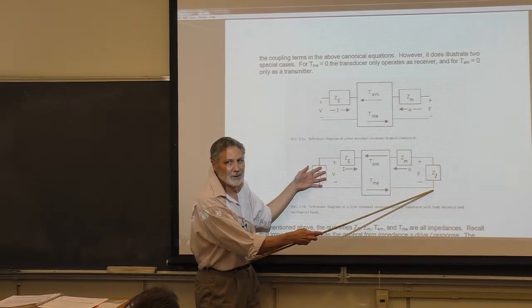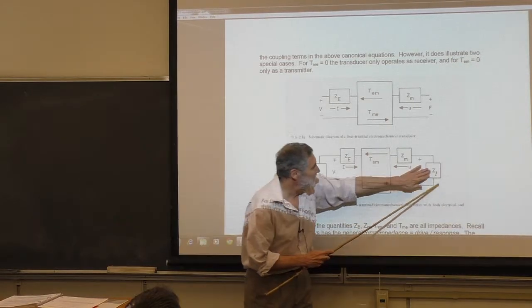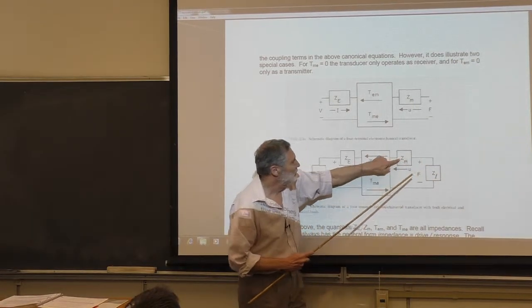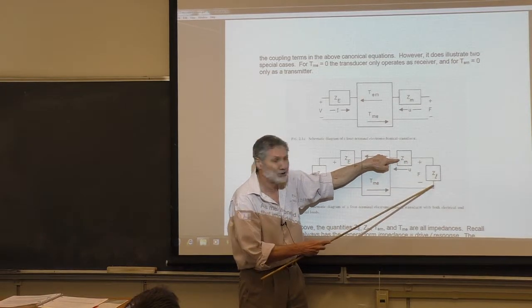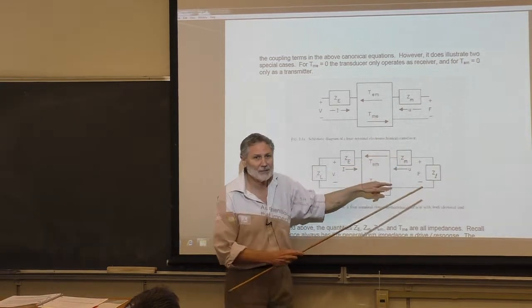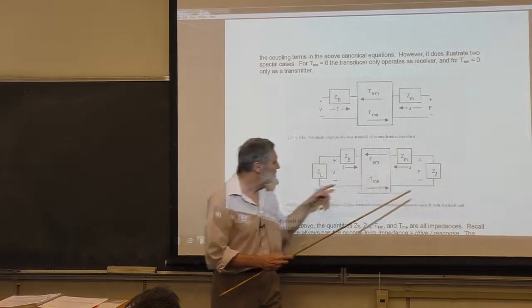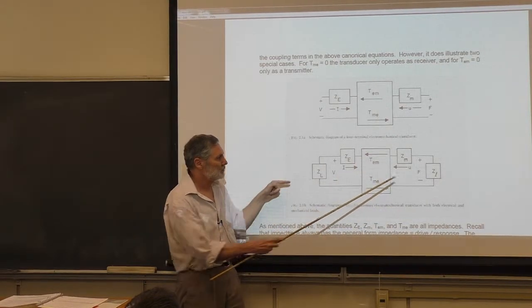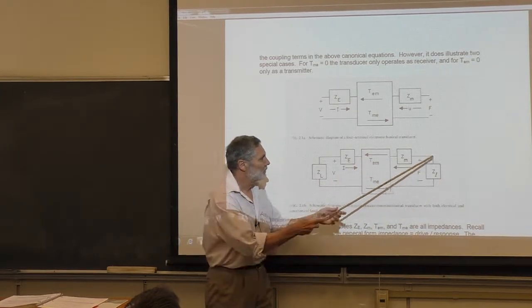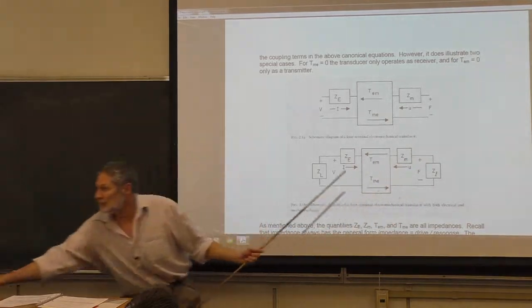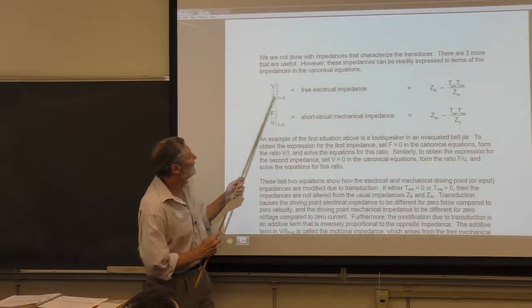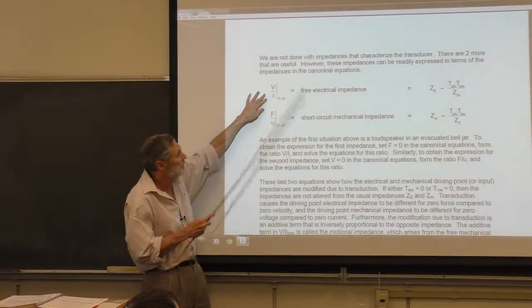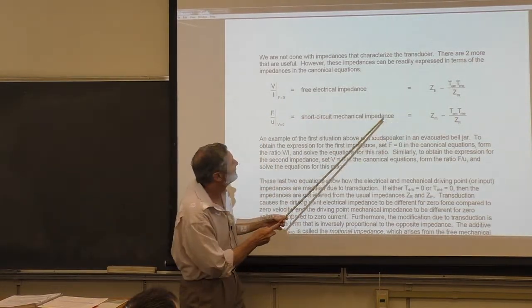Why don't we just take this, absorb it into here, two impedances in series add, and then we have a short. So all we have to do to find out what the electrical impedance is with a load here is go back to what we had before. We go back to here, with the shorted, the free, and we replace.